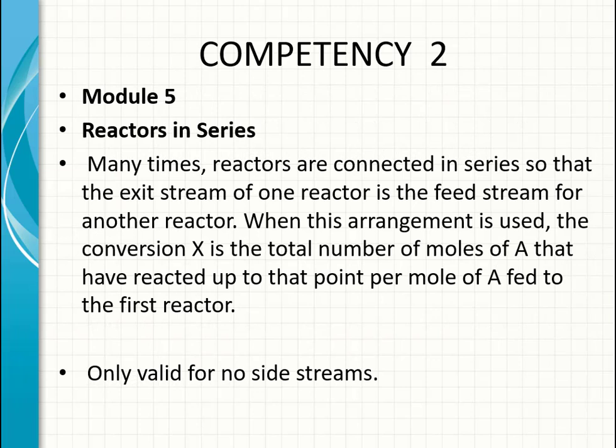Reactors in series. Many times, reactors are connected in series so that the exit stream of one reactor is the feed stream for another reactor. When this arrangement is used, the conversion X is the total number of moles of A that have reacted up to that point per mole of A fed to the first reactor.